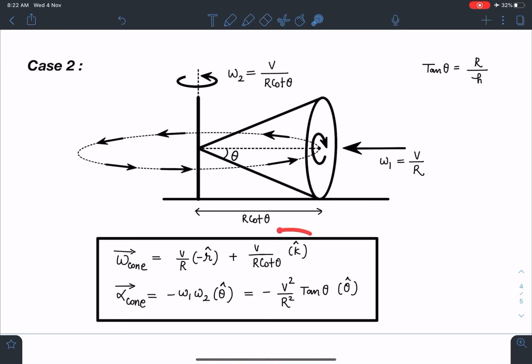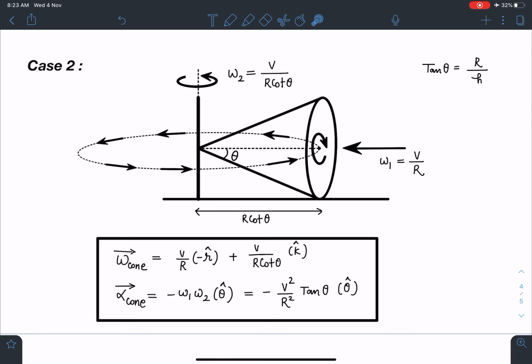cap. When I differentiate this, its derivative is going to be 0 for the second term, and I'm going to get, either I can write from the previous one, this is omega 1 omega 2 minus theta cap, or you can just differentiate this. This will become d by dt of r cap, which is going to give me omega 2 theta cap with negative sign of course.